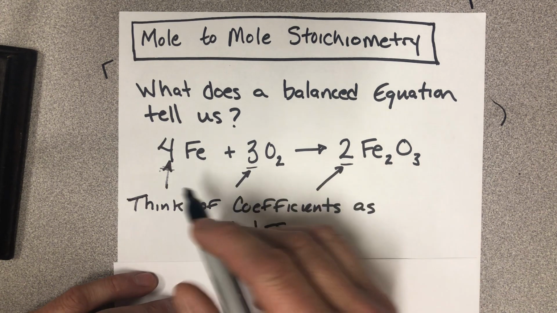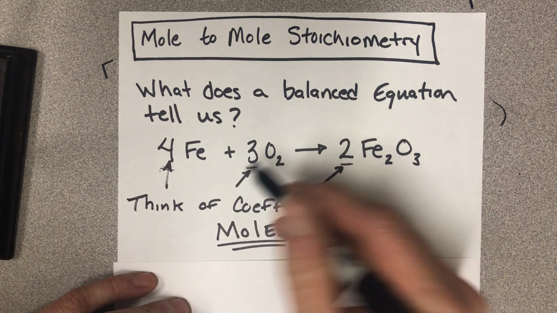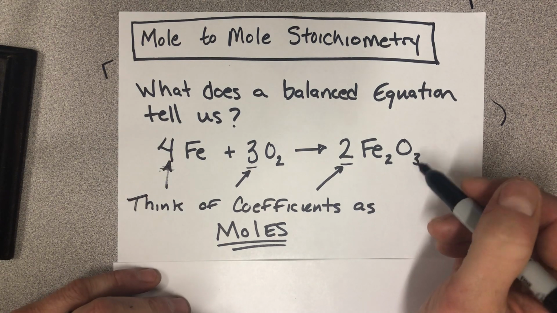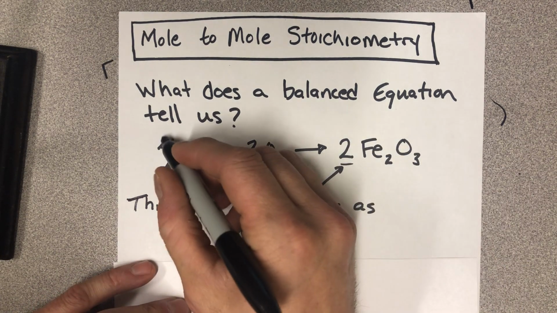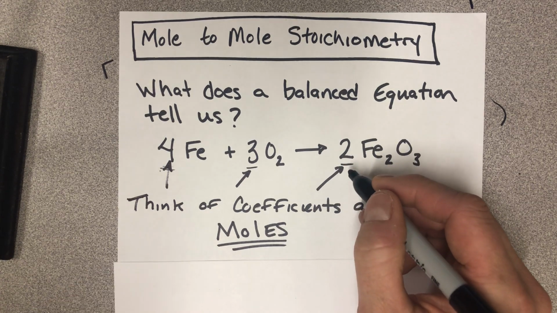And that's the ratio part of this. So it's a 4 to 3 ratio to make 2 moles of iron 3 oxide. So we'll work with these coefficient numbers primarily here and look at the ratios that exist between them.